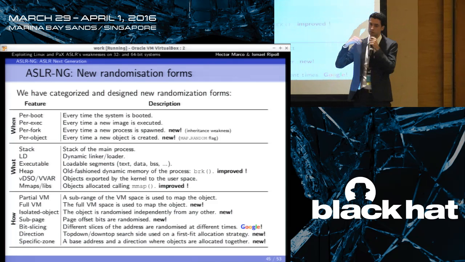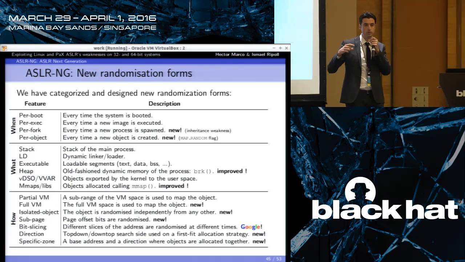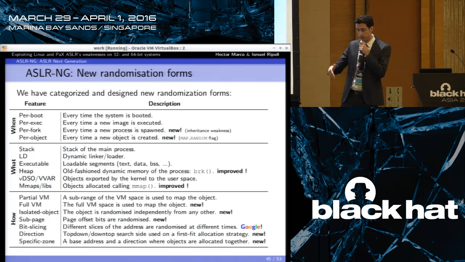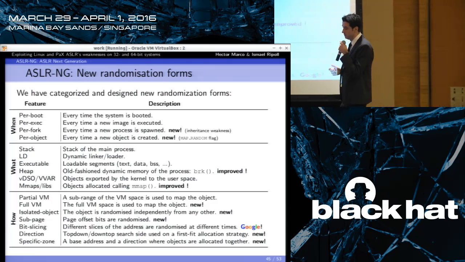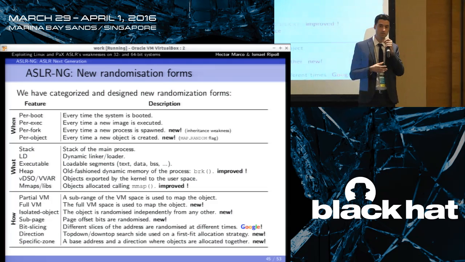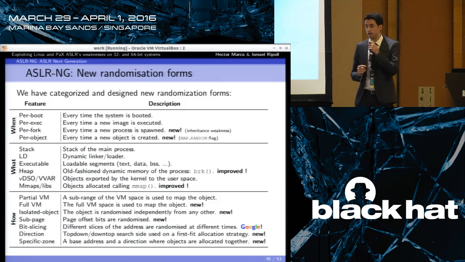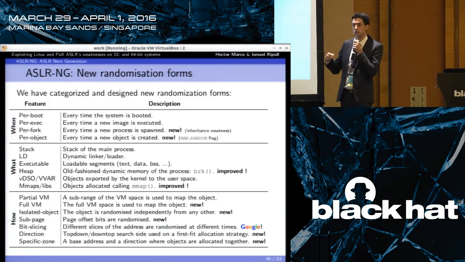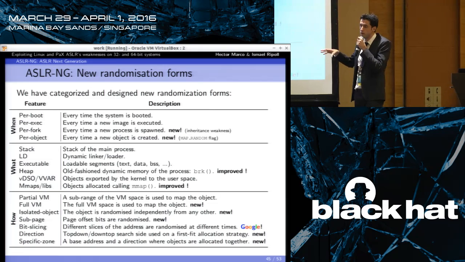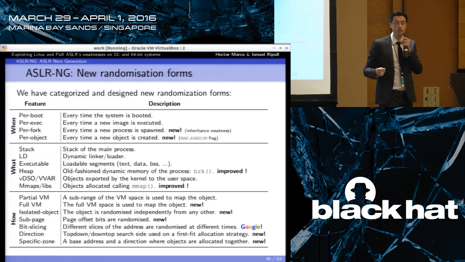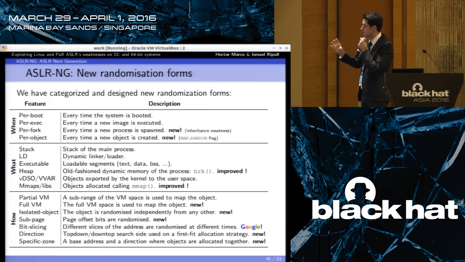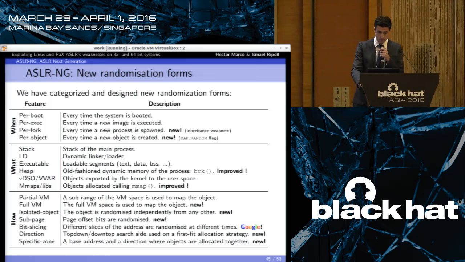In other words, if you obtain a leak of an address belonging to a thread stack in current implementations, in almost all cases, but in Linux in all cases, you can use this address to derive the randomized libraries. So why don't we put all stacks in another place, in the same area?